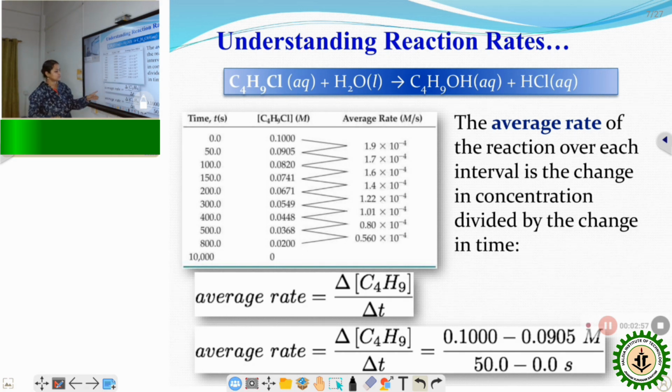So from this data, if we want to present the average rate of the reaction, what is the average rate? The average rate means the change of concentration of the reactant molecule over any given time interval. This set of data represents different time intervals. For any time interval, if we take the change of concentration and the time gap, and present it as change of concentration with respect to time, then we can get the rate of the reaction.